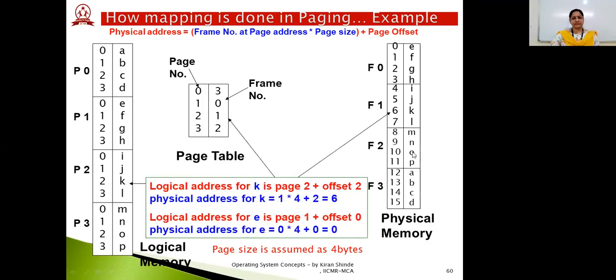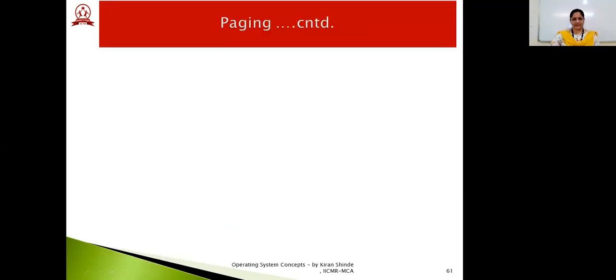So these are the two examples which we discussed in this particular lecture. You can just practice more on the other bytes also and just put the desired values in the two formulae, that is physical address and logical address.